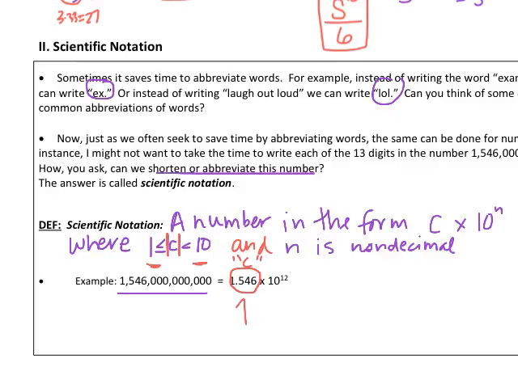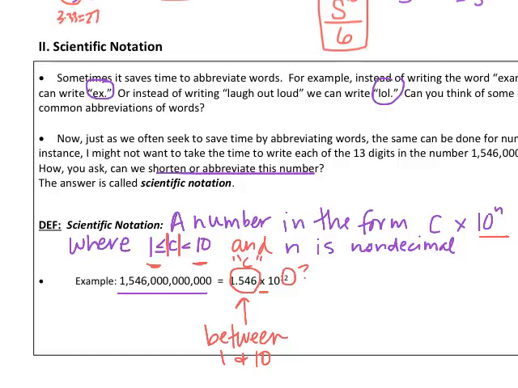So that number is between 1 and 10. And then we have a multiplication symbol, and then we have 10 to some power. Well, where did this power come from? How do we know that it's got to be 12?